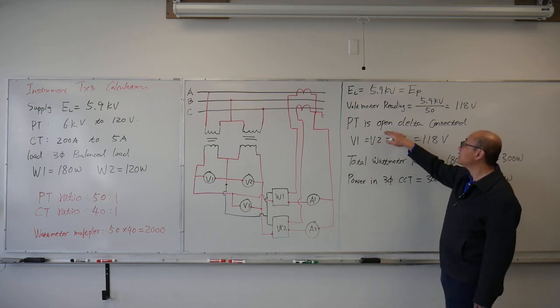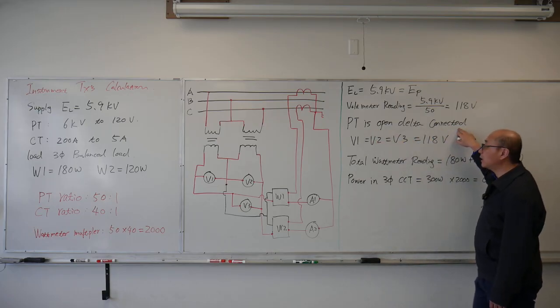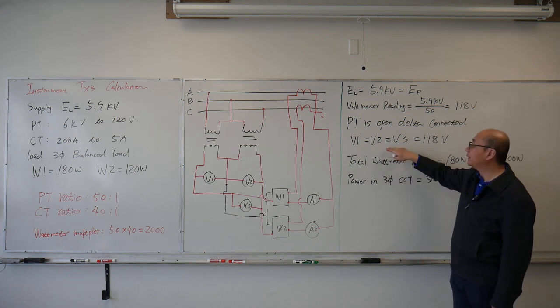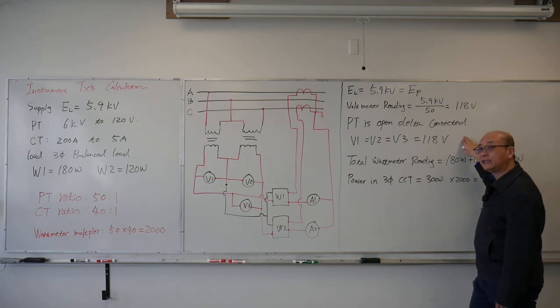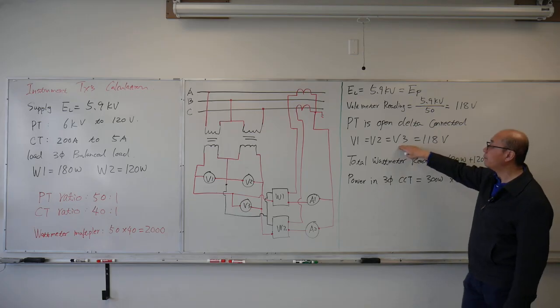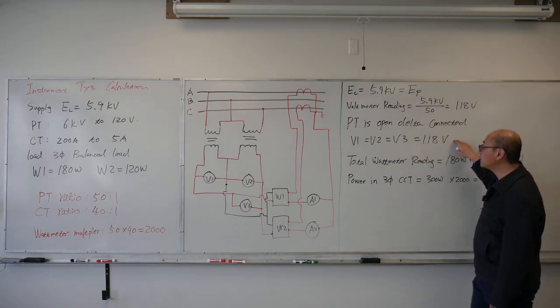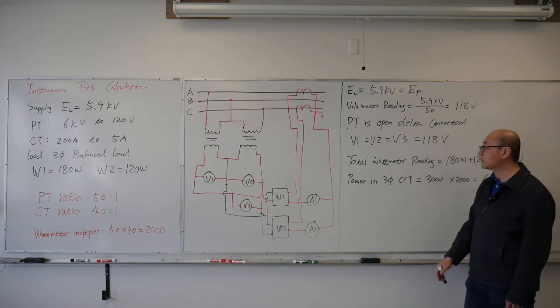The PT is open delta connected, and that's the part I want to emphasize. Voltmeter 1, voltmeter 2, and voltmeter 3 all read 118 volts. So don't make the mistake. Some people think voltmeter 3 will read differently, but voltmeter 3 still reads 118 volts.